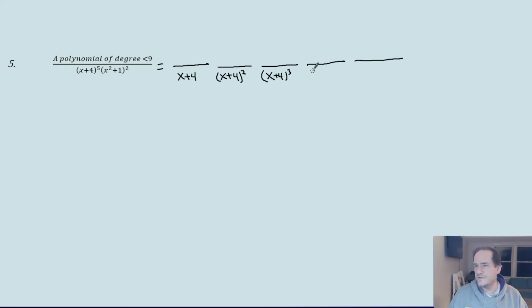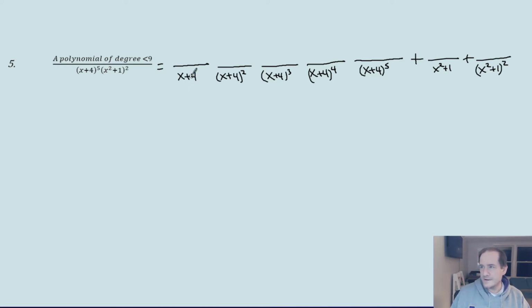This is tedious. x plus 4 to the 4, x plus 4 to the 5. Then you're going to have your 2 quadratics. So x squared plus 1 to the 1. And then an x squared plus 1 squared.